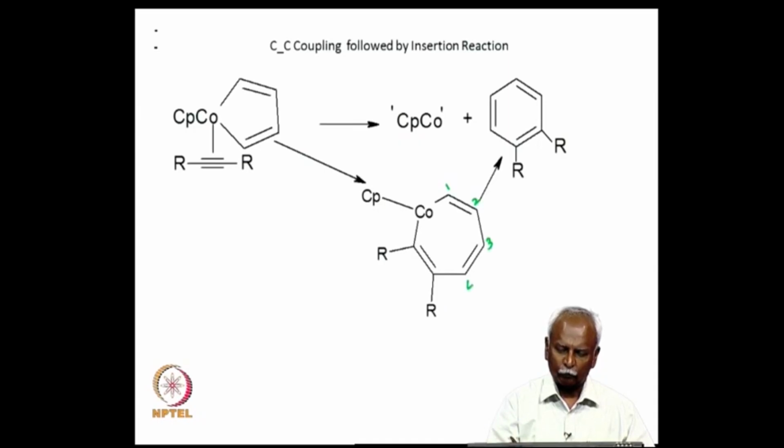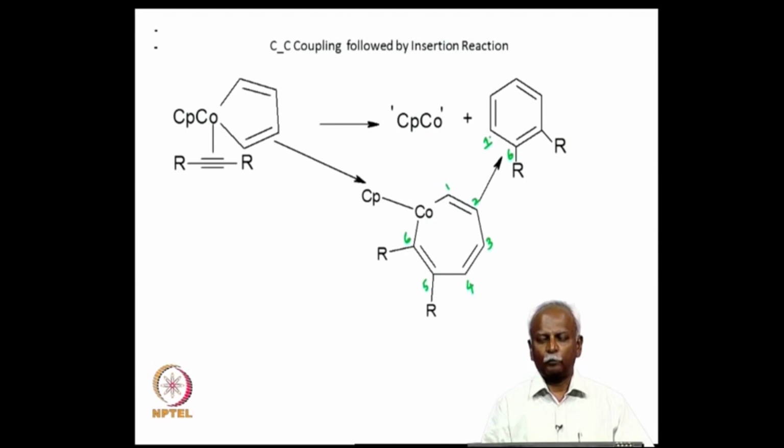2, 3, 4, 5 and 6 carbon atoms attached to the cobalt, and if atom numbers 1 and 6 combine together, so that is exactly these 2 carbon atoms, 6 here and 1 here, then you will end up with the formation of this new bond between 6 and 1, and that results in the formation of a benzene ring.